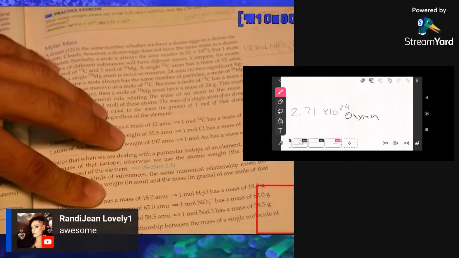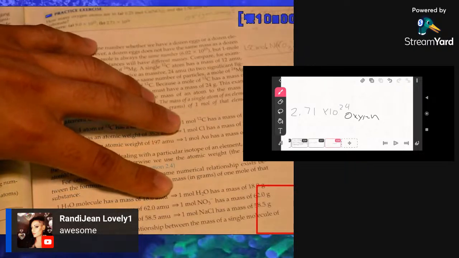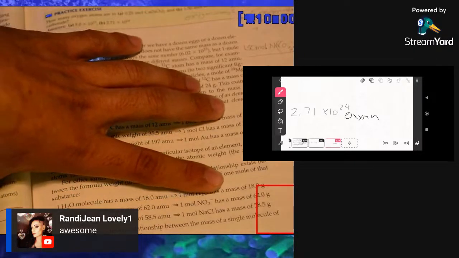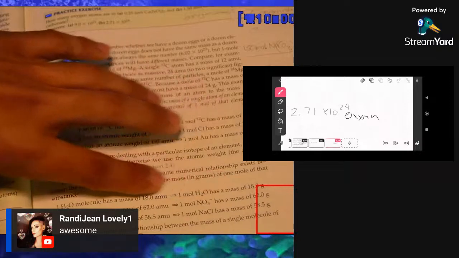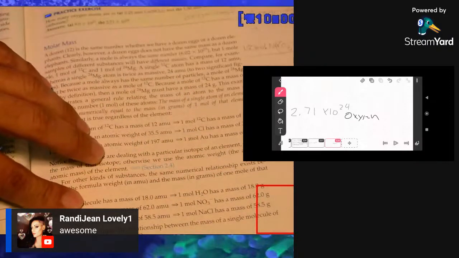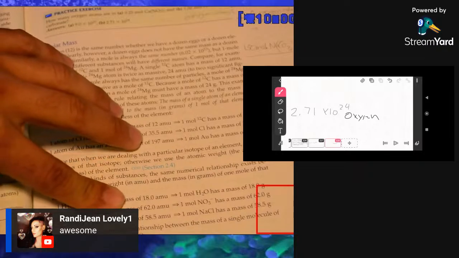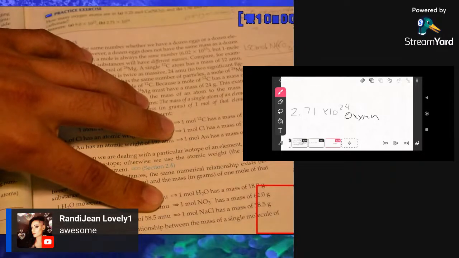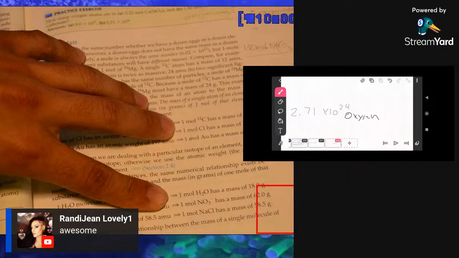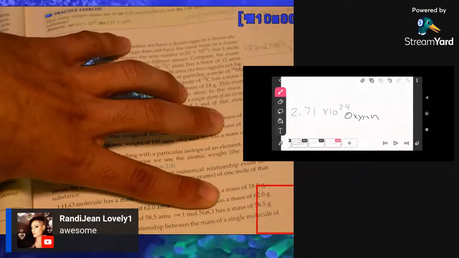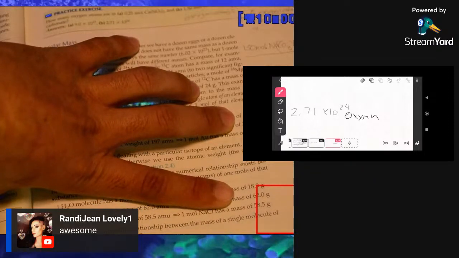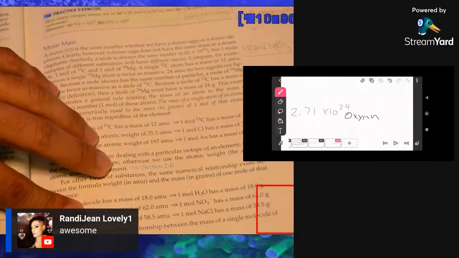One nitrate ion has a mass of 62 AMU, and 1 mole of nitrate has a mass of 62 grams. 1 mole of sodium chloride, or salt, has a mass of 58.5 grams, with a formula weight of 58.5 atomic mass units.